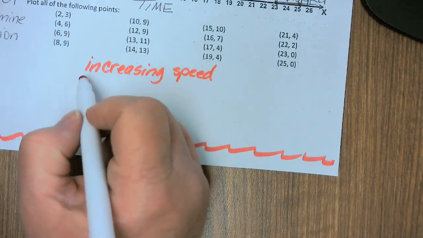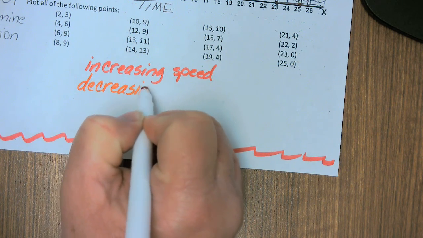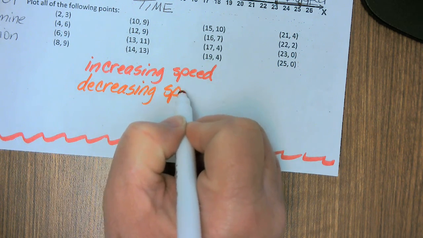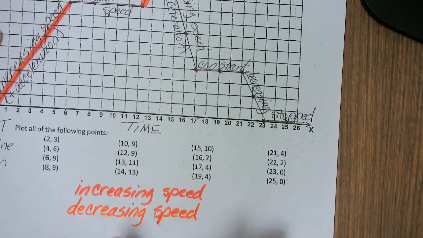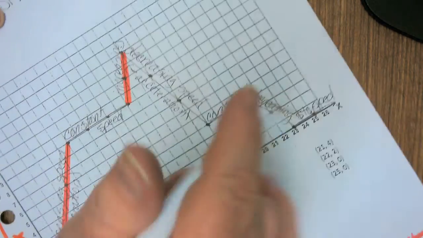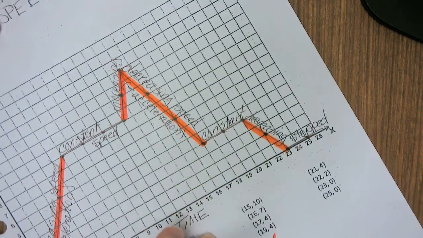I'm going to come down here and write decreasing speed in my next color. And I'm going to mark where I was decreasing. This is going to be where my lines are pointing downward.